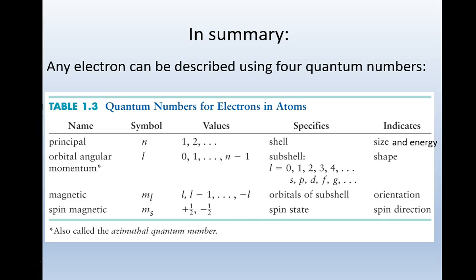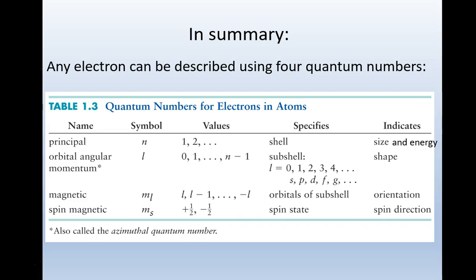The third quantum number is called the magnetic quantum number, represented with the letter ml. The values are -L to +L, including 0, and it specifies the orbitals of subshells. That indicates the orientation of those orbitals with reference to a 3D diagram.